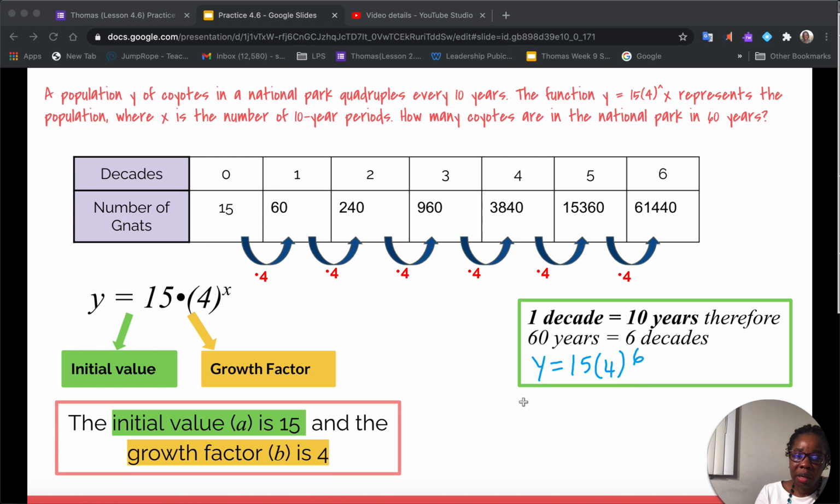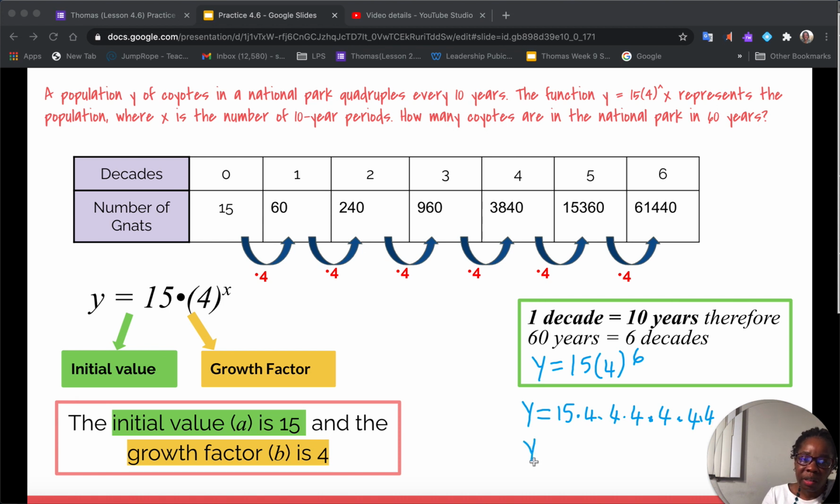And we know we can use expanded form. So y is equal to 15 times 4 times 4 times 4 times 4 times 4 times 4.